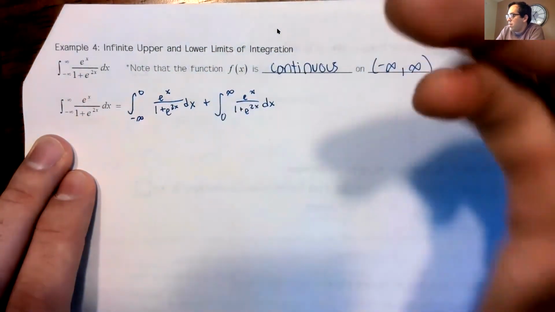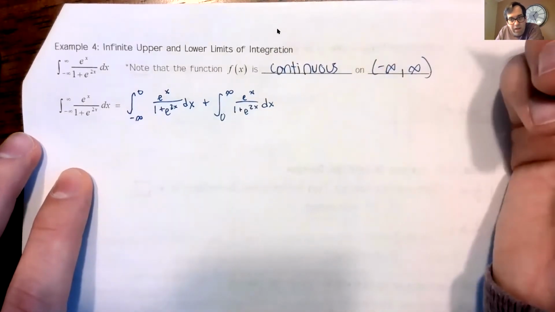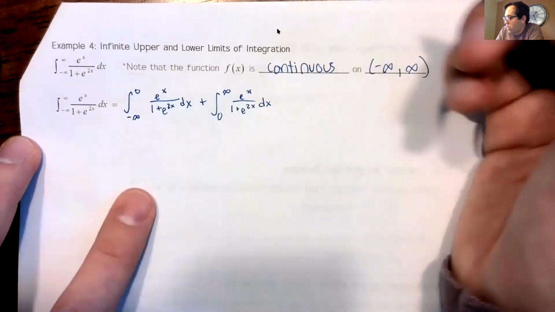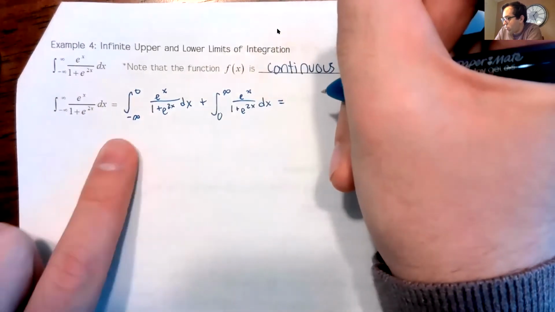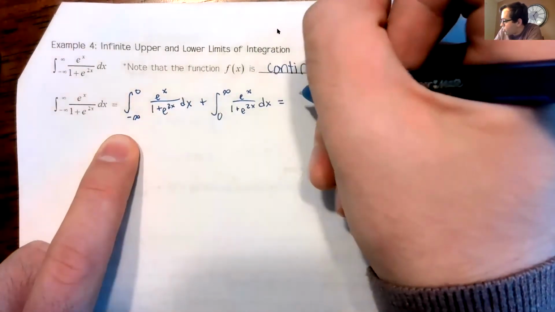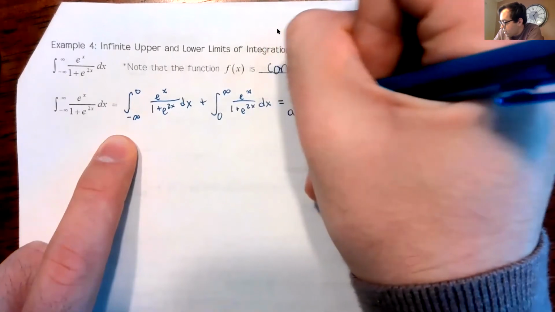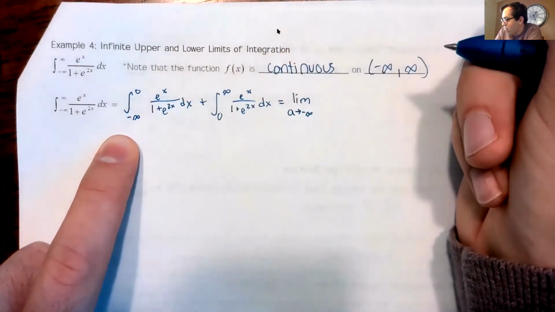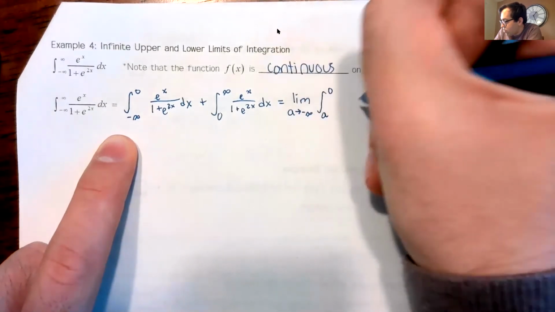But hopefully you're noticing, wait a second, we can't have infinity in our integrals. These are still improper integrals, and that is correct. So the next thing we have to do is write the limits. For this first one, we have a negative infinity as our lower bound, so we are going to change that to an a. We're going to say as a approaches negative infinity, integral from a to 0.